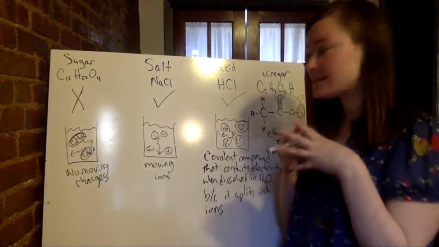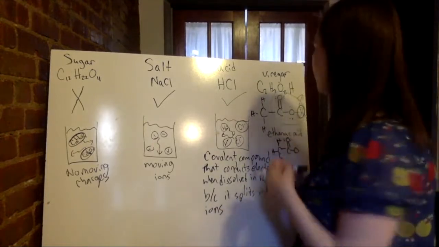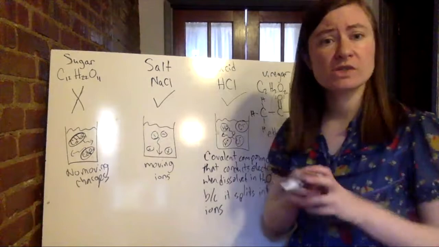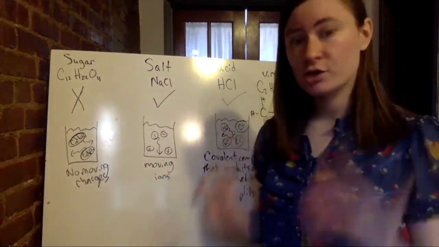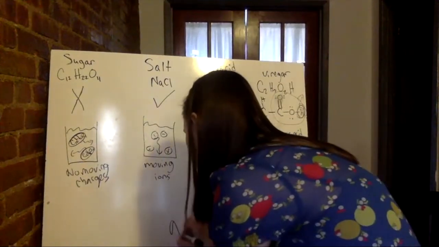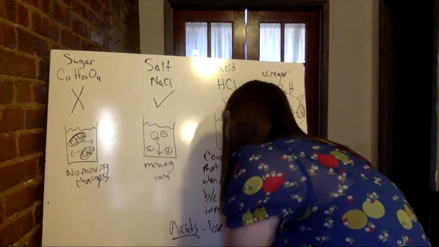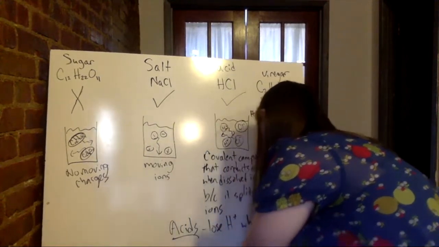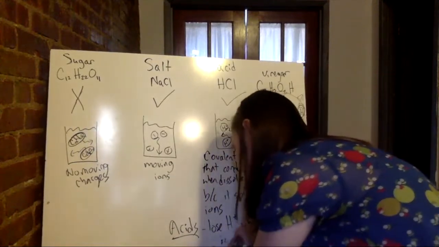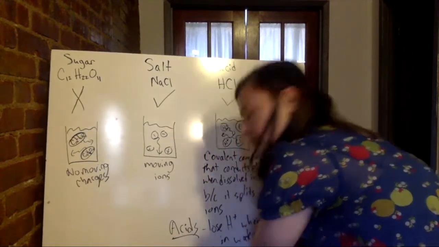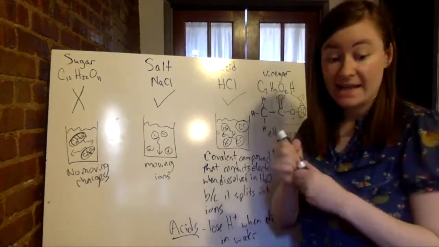So acids in general conduct electricity when dissolved in water because every acid, when you dissolve it into water, loses H plus. So acids characteristically lose H plus when dissolved into water. That's one way to actually define what it means to be an acid.